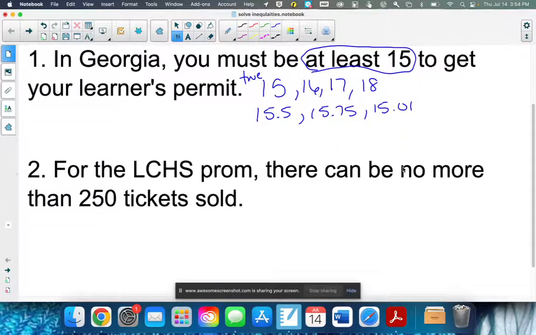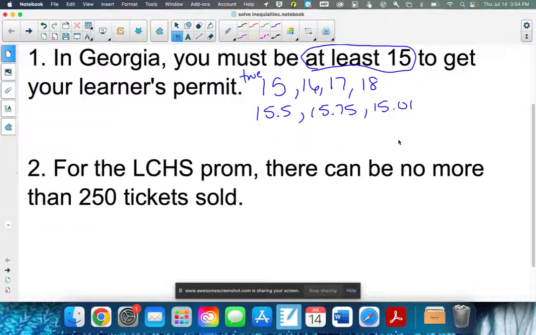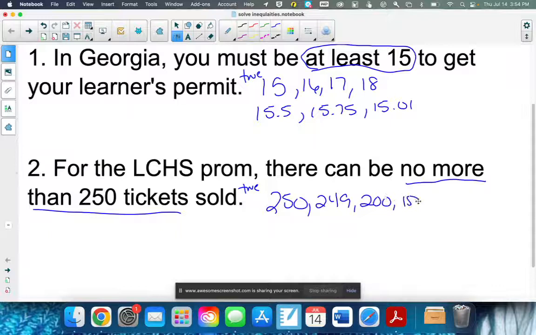Okay, so another one, for the Liberty County High School prom, and I don't know if this is true or not, they may have decided to go with more tickets now, but there can be no more than 250 tickets sold. So what that means is you can sell 250 tickets. You can sell 249, you can sell 200, you can sell 150.